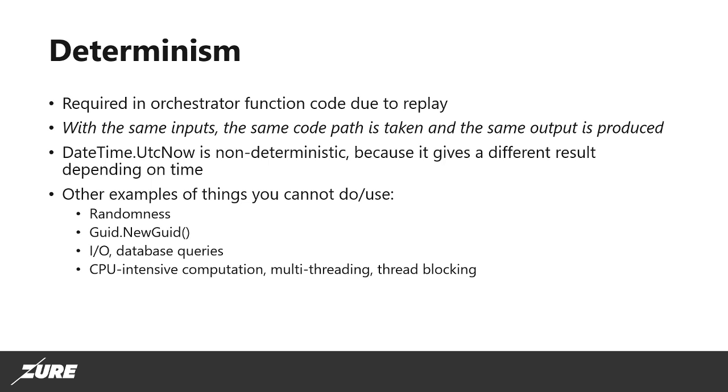That last point of CPU-intensive computation, multi-threading, and thread blocking, that limitation isn't based on determinism, actually. That limitation is based on scalability, because orchestrator functions run on a limited number of hosts. So if you block that thread, you are blocking other orchestrator functions from running. So don't do that.